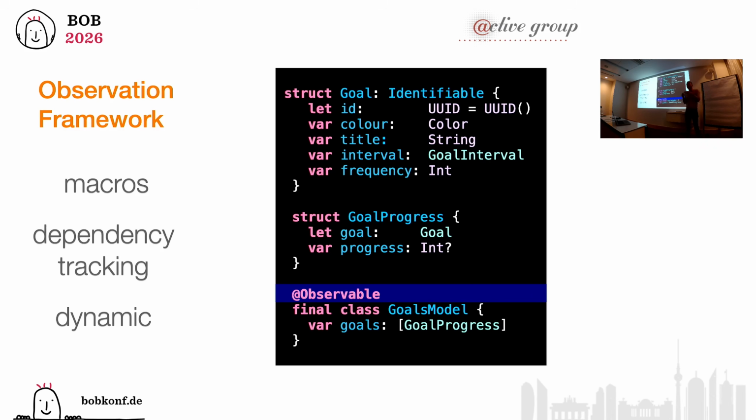In that way, really the minimal amount of views is redrawn. So it's kind of the observer pattern, but fully automated, and you don't see it.